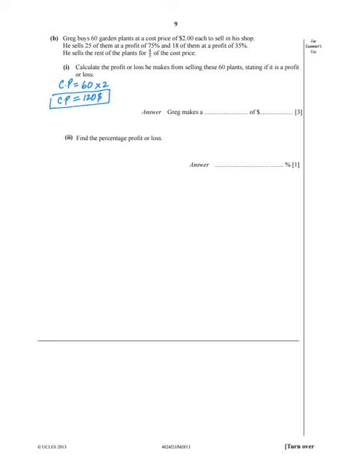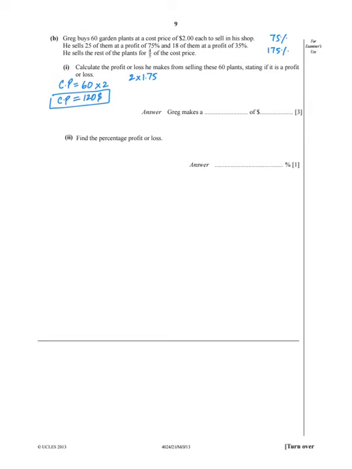Now after that, he sells 25 of them at a profit of 75%, right? So you need to find out the 75% of 2. For that, I need to multiply 2 by 1.75. If it says 75% profit, then it is equal to 175%, because initially the original price is 100%.